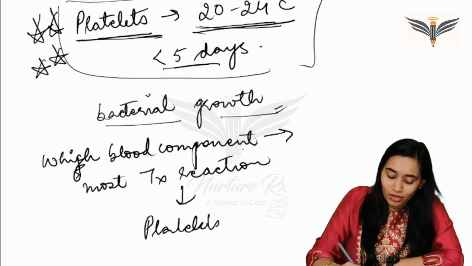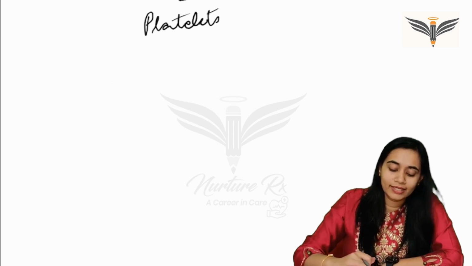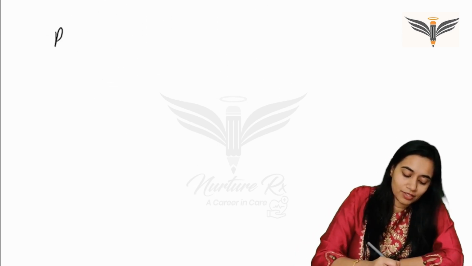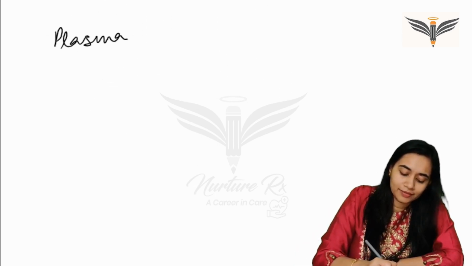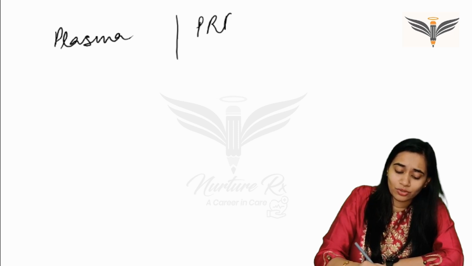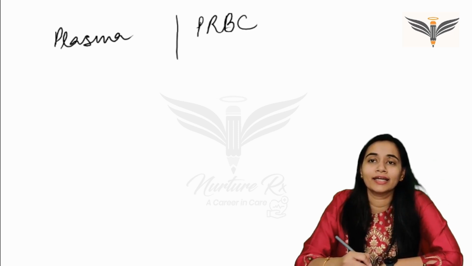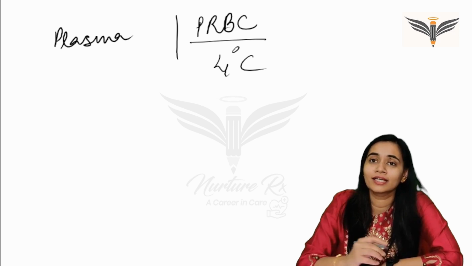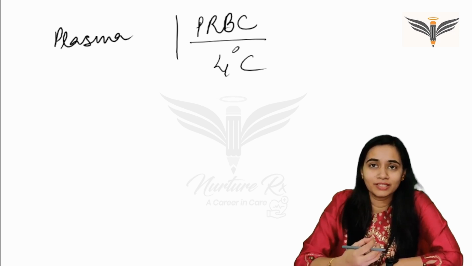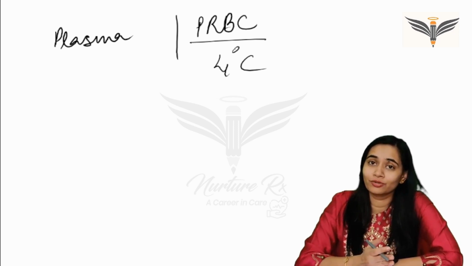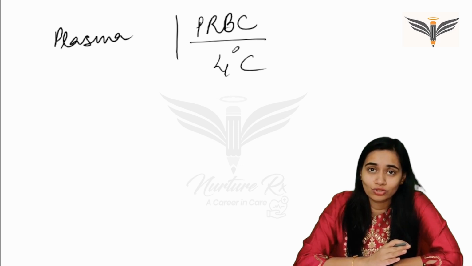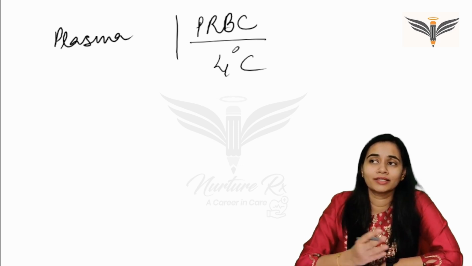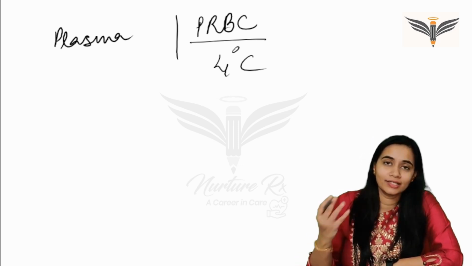Okay, now apart from this, it can happen in plasma also and it can happen in PRBC also, but it is highly unlikely because as I told you, PRBC, if you are storing at 4 degrees centigrade, the metabolism decreases too much. So the same is going to happen for the bacterial cells also. Their metabolism will be decreased and eventually they will die.